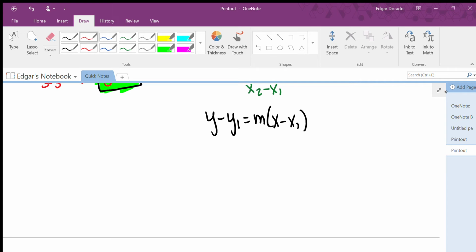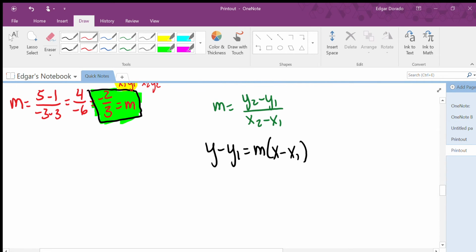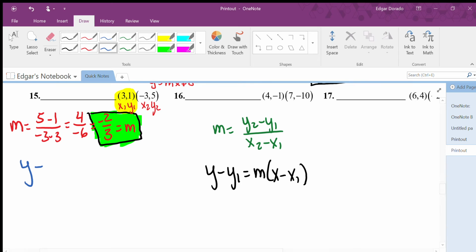So I have y, oh, let me do it in another color so it's not interfering here. So y minus my y1, let's see what y1 is. It's a 1 equals negative 2/3 x minus x1, which is 3.